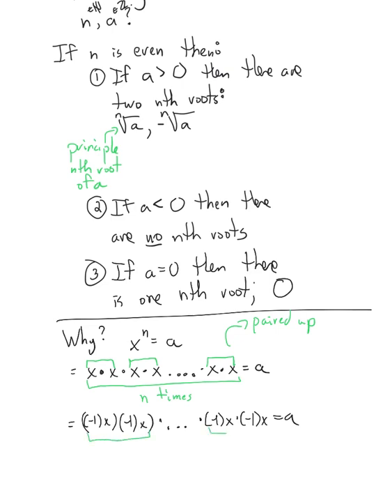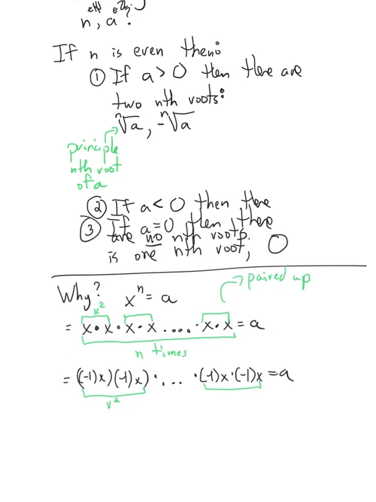So pairing them up like that. Because -1 times x times -1 times x is x squared, which is the same as x times x. So each of these gives us an x squared. So it looks like -1 times x and x give us the same solution, which is great. Or they both solve the equation, I should say.